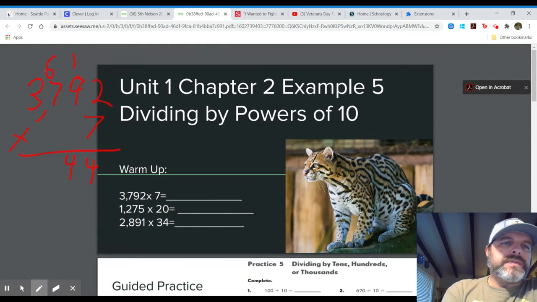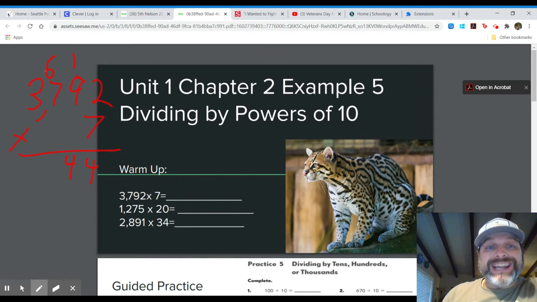Every time I move, that's because when I did 7 times 9, it was really not 7 times 9. It's really 7 times 90. So 7 times 90 is 630, plus 1 is 640, because that's the extra 10 from the first column. And now I'm doing 7 times 7, but that's really 7 times 700.